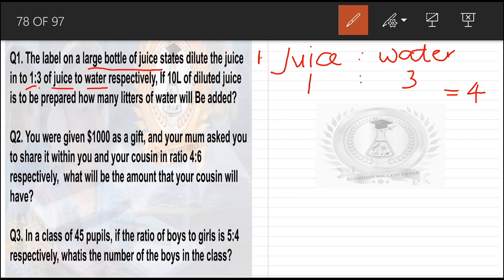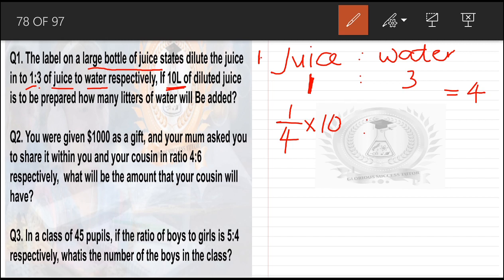Now, you remember the logic I taught you last time? Here is what you're going to do. For juice, the volume of the juice you're going to use is the ratio value 1 all over the total, which is 4, multiplied by the total volume we are preparing, that's 10. Do you understand it now?